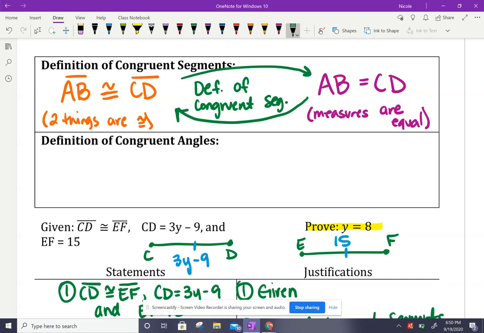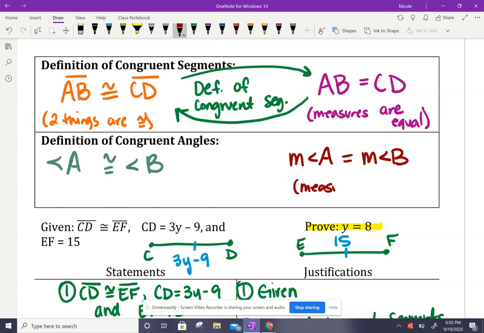If I have two angles that are congruent, we typically write them such as angle A being congruent to angle B. And when we talk about their measures in degrees, we mention it as the measure of angle A is equal to the measure of angle B. So again, their measures are equal, and the use of the congruent symbol tells us these two things are the same or congruent.